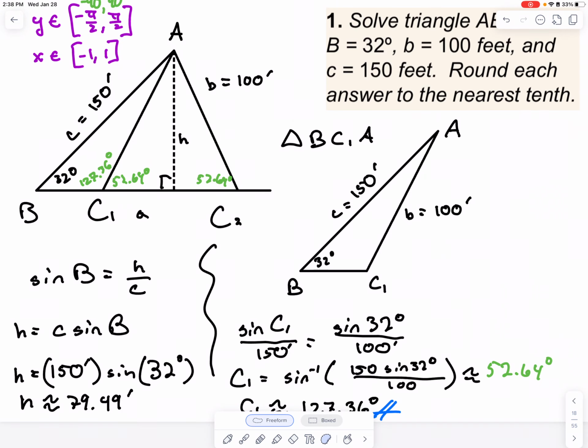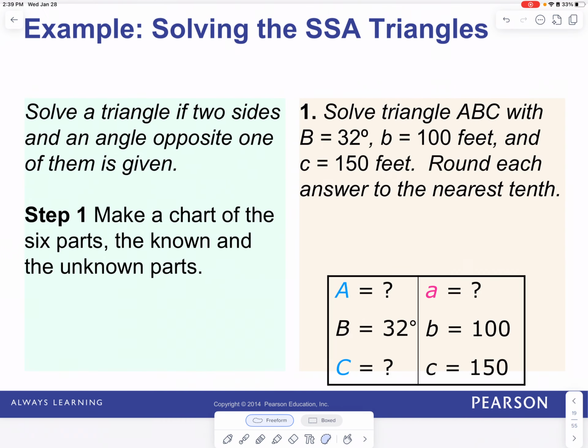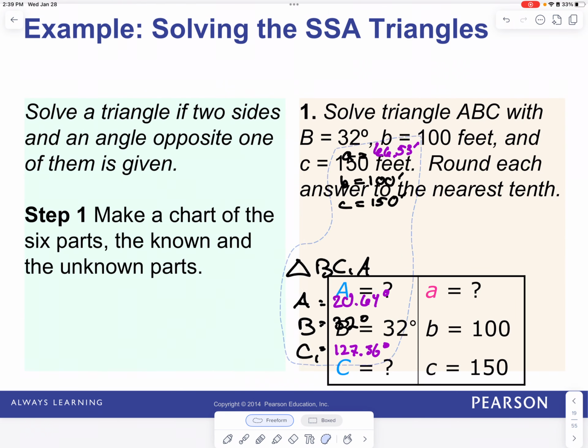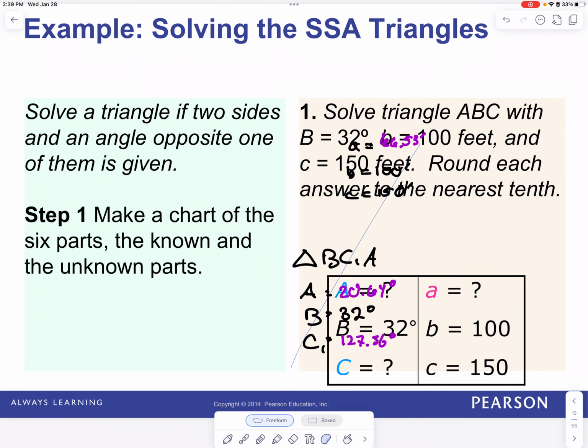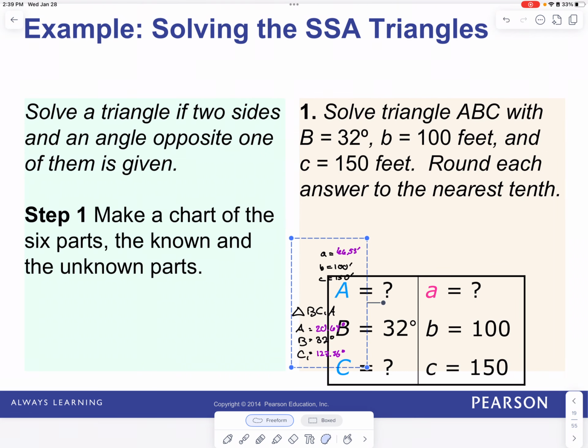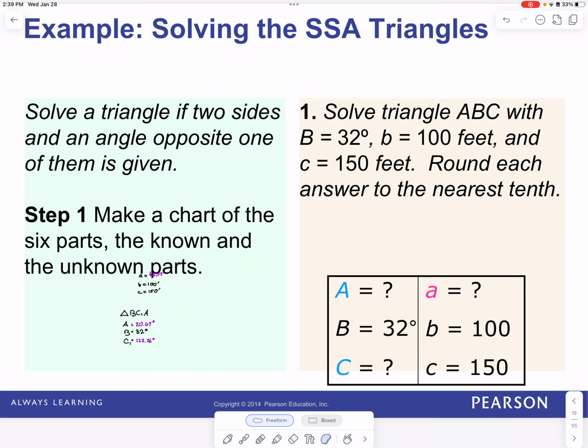Let me cut and paste here, I just need a little bit of space. Now this is just for the first triangle. Give me just a moment to rearrange these. Maybe the other triangle might have been a little bit easier.